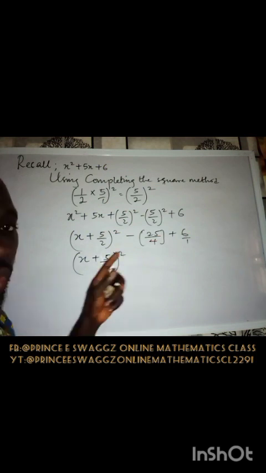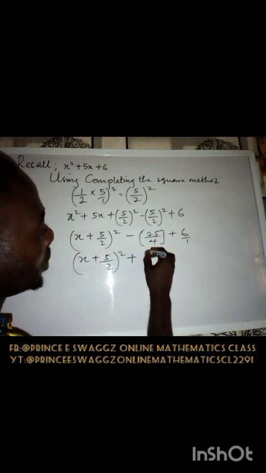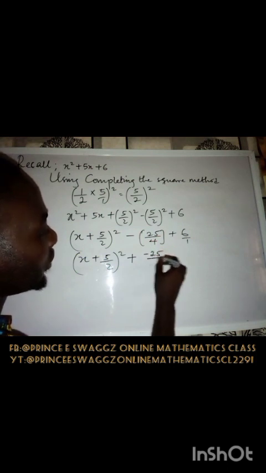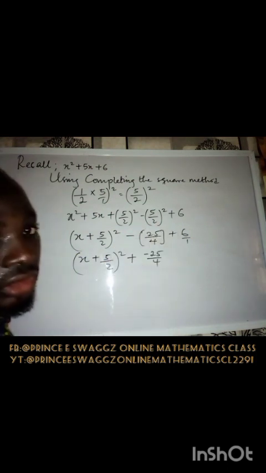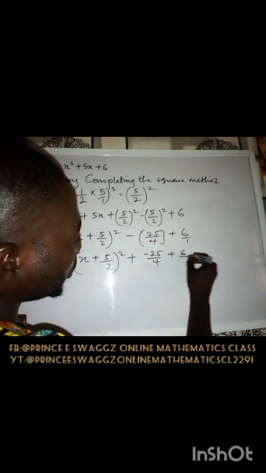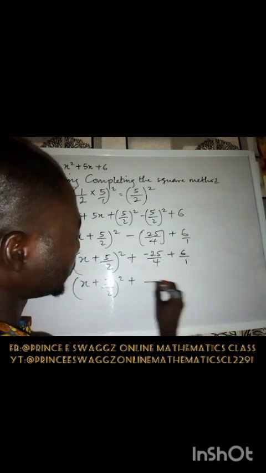Now another way of writing this is x plus 5 over 2 all squared, this multiplied out with minus, minus 25 over 4, plus 6 over 1. Then I have x plus 5 over 2 all squared plus, I'm going to find the LCM of this.